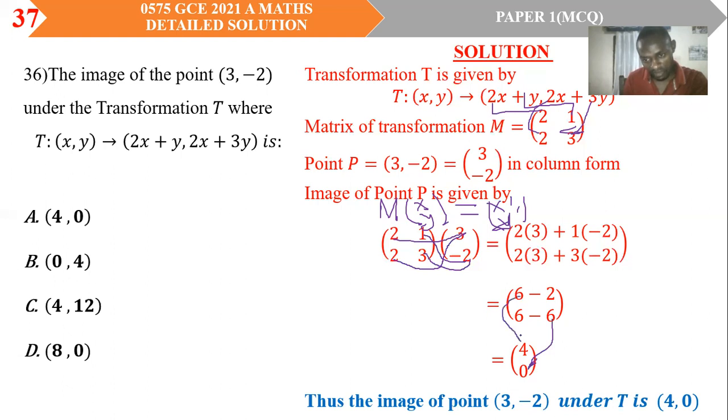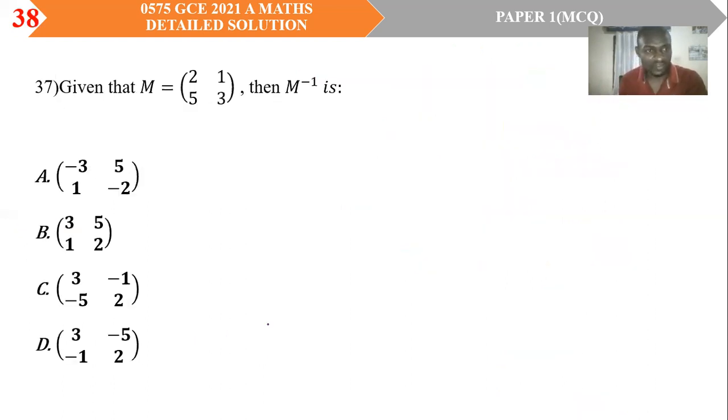So the image of the point 3, -2 under T is 4, 0. The answer is A.